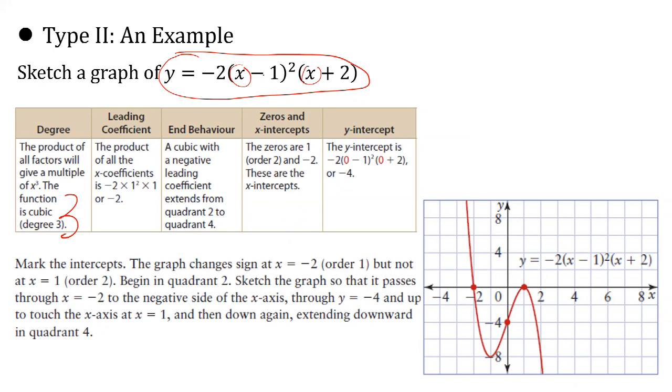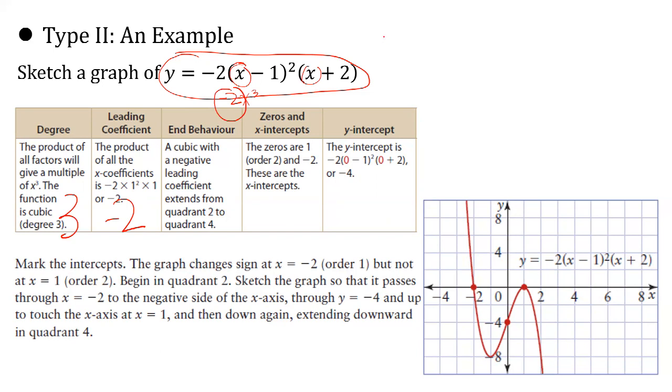Because when you expand everything, the term with the largest order is x cubed, times the -2 here. So the leading coefficient must be -2, right? Okay, so let's put -2 here. And behavior. Behavior depends on the degree of the function, right? So as we have discussed, the degree of the function is an odd number.